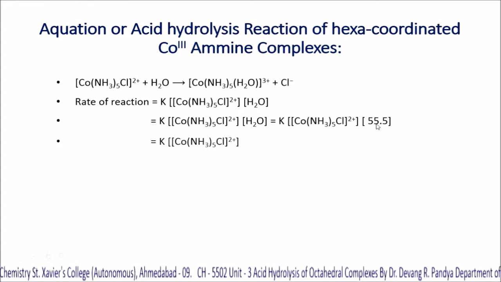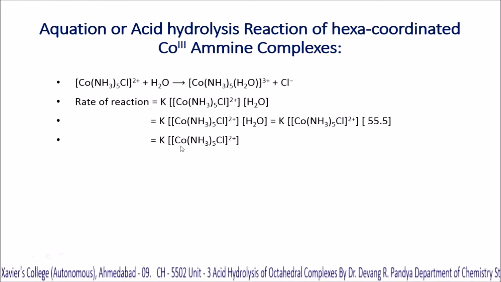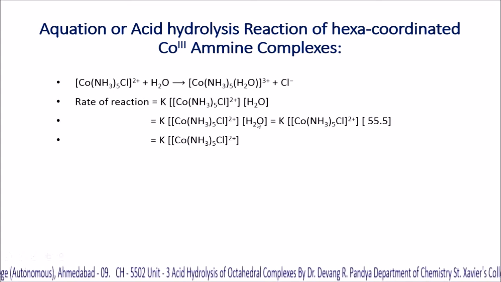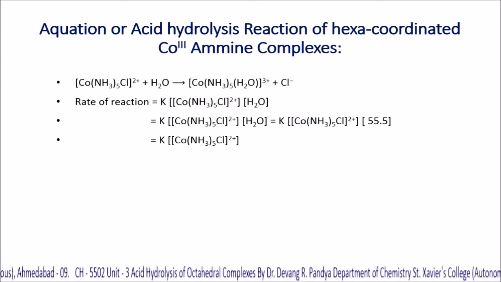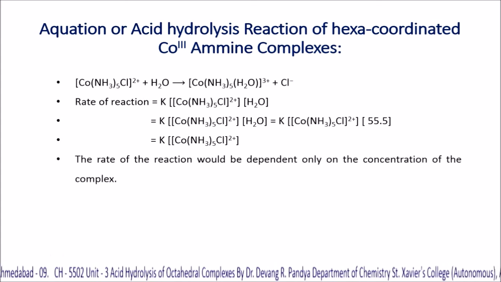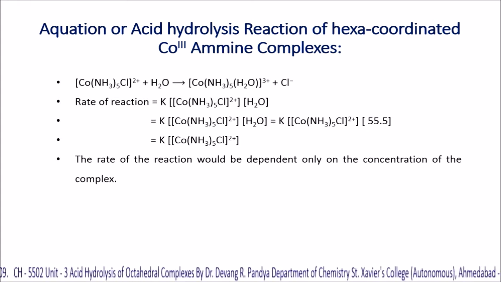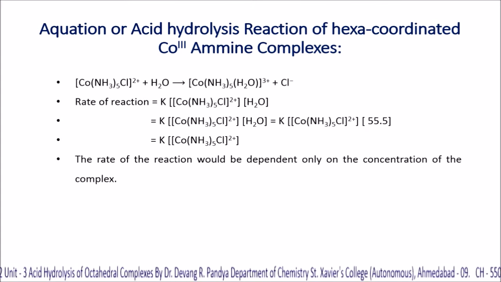Hence we can consider that the reaction rate may alter through the concentration of the substrate only. There is no effect of the water molecule here. As a result, it looks as if it is SN1 kind, or we can say unimolecular, first order, pseudo first order kind of reaction that we can obtain from this rate of reaction.